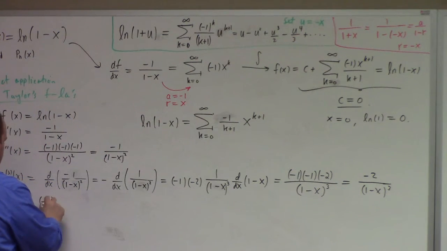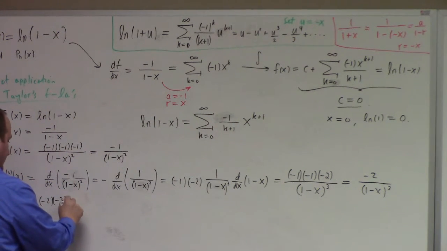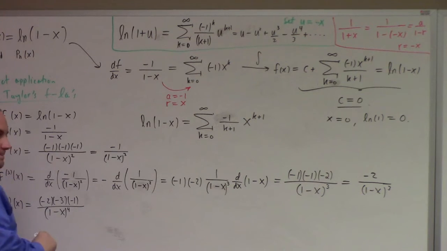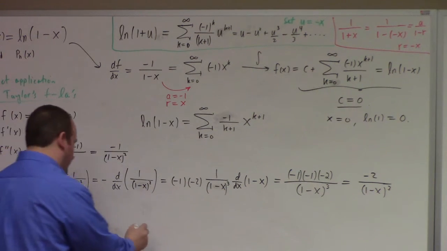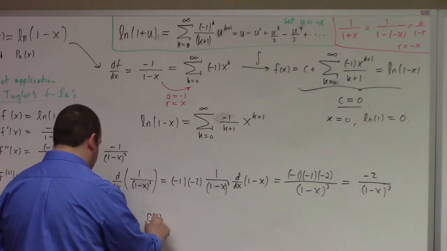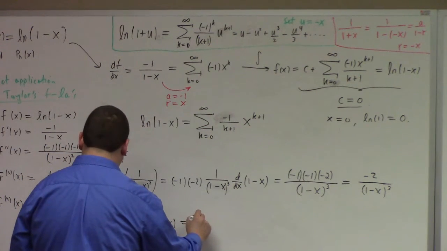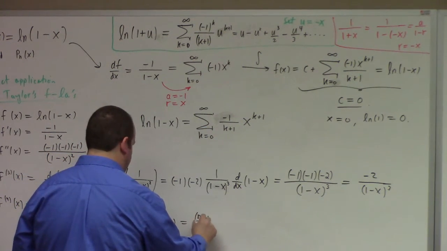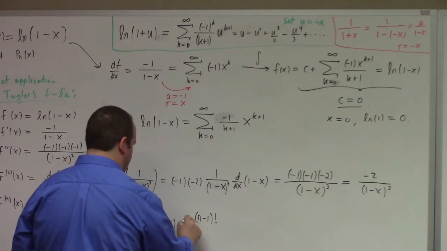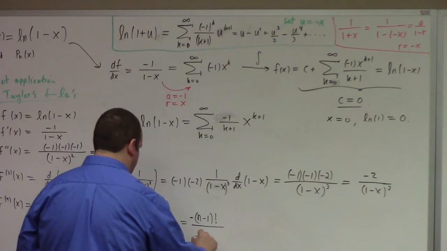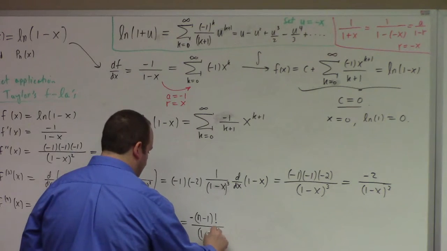Minus 2 times minus 3 times minus 1 over 1 minus x to the what? To the fourth. Okay, so by now hopefully you can see a pattern. The nth derivative evaluated at x is what? It is n minus 1 factorial, there's a net minus, and I divide by 1 minus x to the n power.